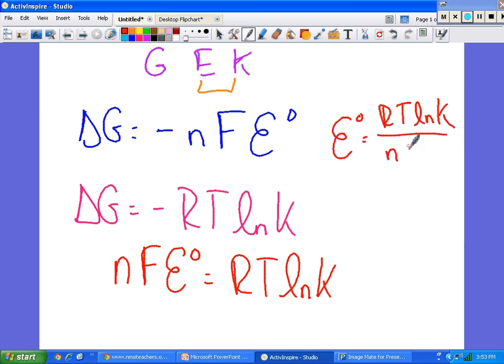Where did that come from? Just rearranging it algebraically. I think it might potentially be on the equation sheet.